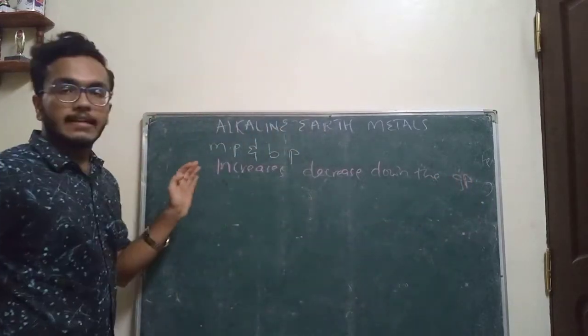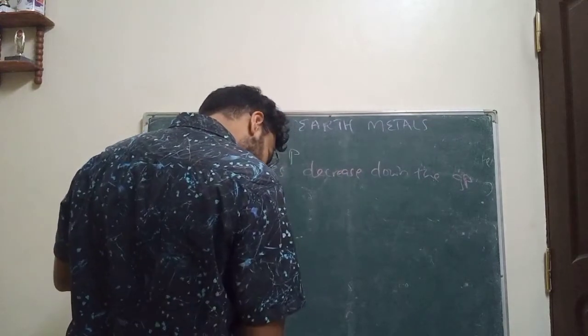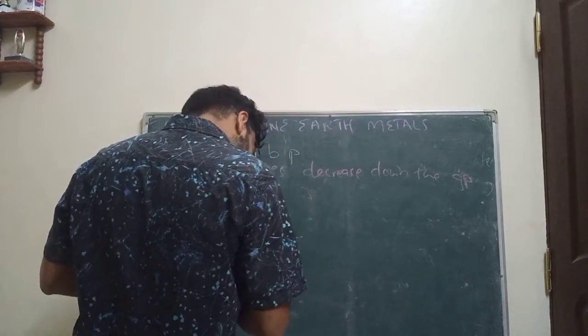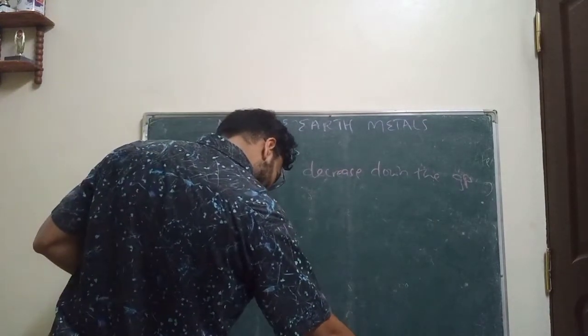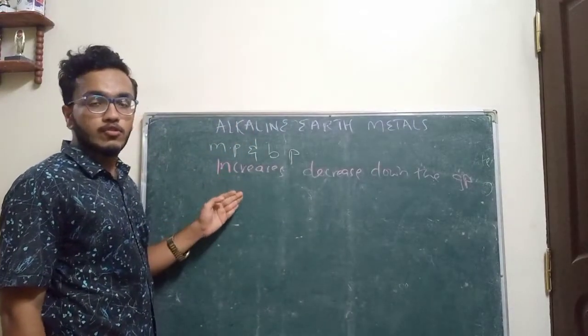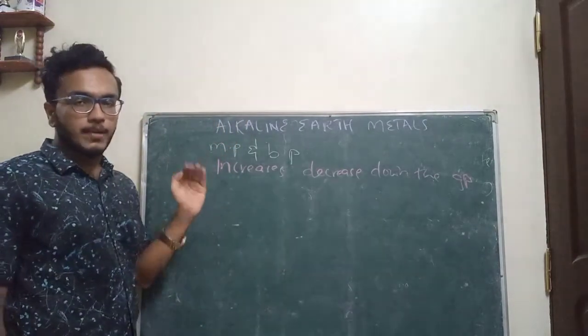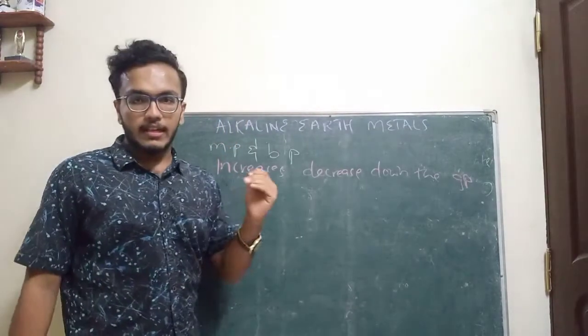due to an increase in number of energy levels, hence a decrease in nuclear force of attraction, due to an increase in atomic radius, hence weaker nuclear force of attraction. However, the melting points of alkaline earth metals are higher than those of their corresponding alkali metals.